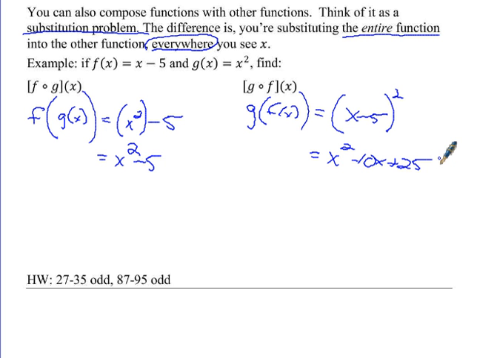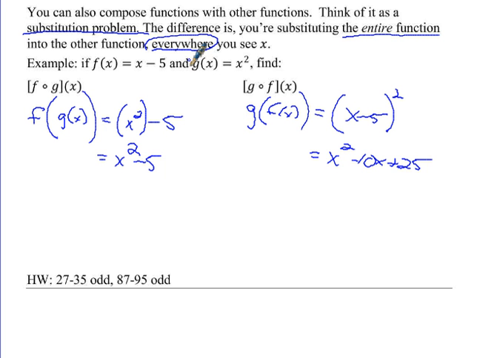I'm starting with g of x, and I'm writing g of x, but when I hit x, I've got to write this instead, okay? All right, yeah, maybe these problems are too easy. Maybe we should have picked a harder problem. But that's the idea that's going on here, okay?